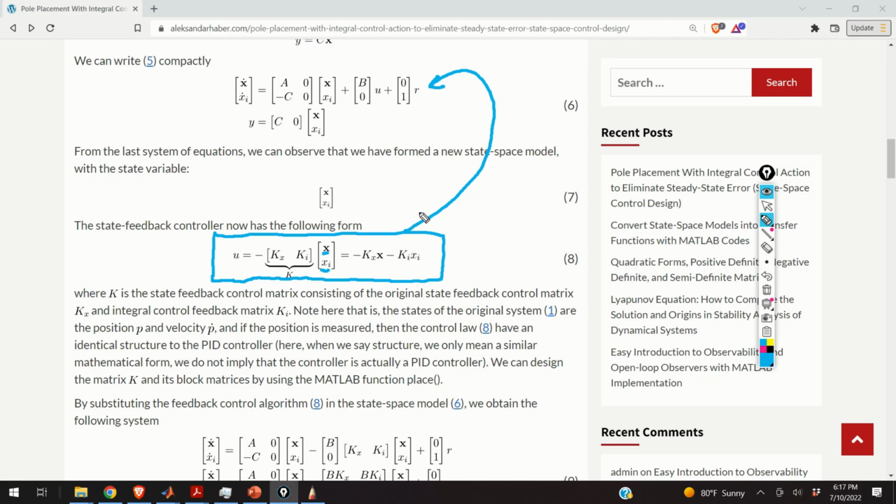This will ensure that the transient response meets the design specification, and since we have an integral action in our system, the steady state error will be eliminated.